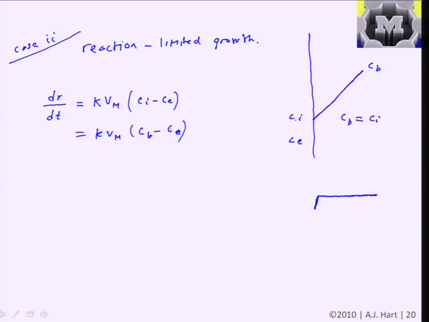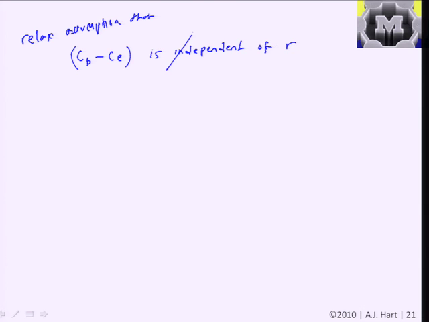So what comes out finally by now relaxing the assumption that the difference in concentration is independent of R. So now we say it's dependent on R, and that we are in the diffusion limited regime.